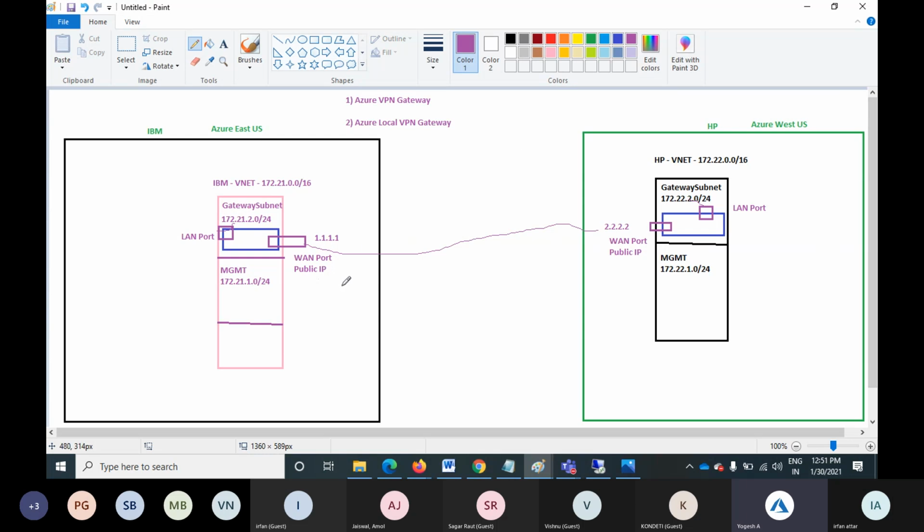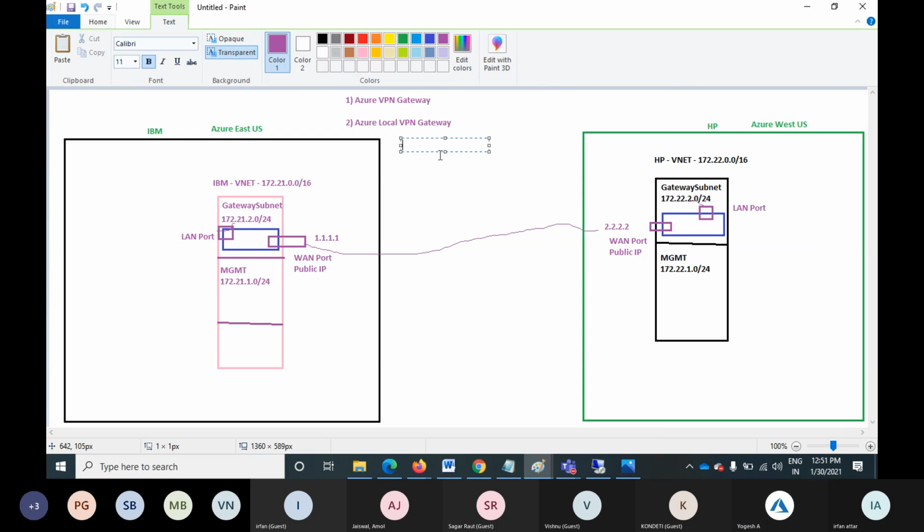So now here we need to create two connections, right? The first connection you need to create is between IBM to HP. The second connection we need to create at the HP side, which is HP to IBM.